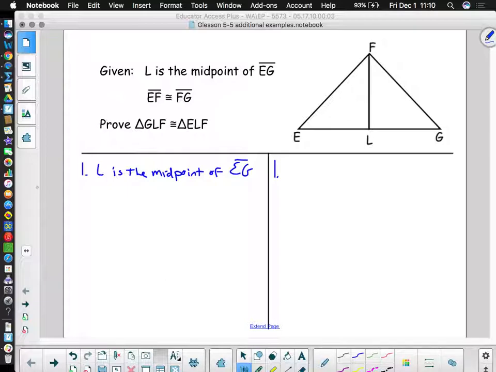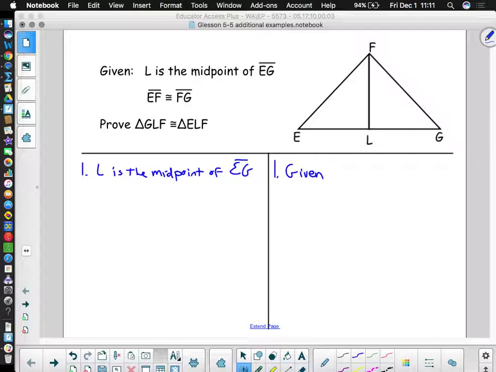Okay, reason? Given. Now, here's the question you're going to hear me ask all the time. So what? What does that mean? Remember, the purpose of every given is to lead us, hopefully, to some parts being congruent. And then we get enough parts built up that we can get congruent triangles.